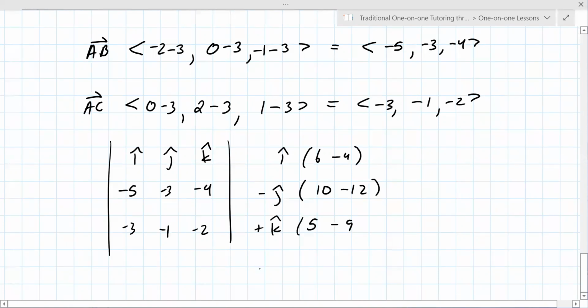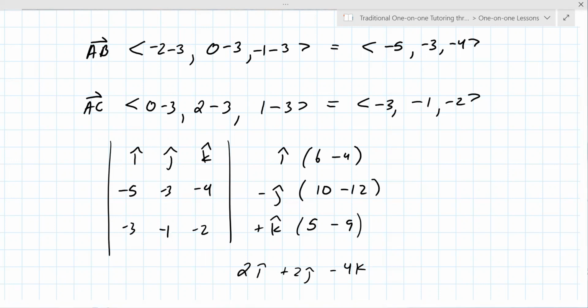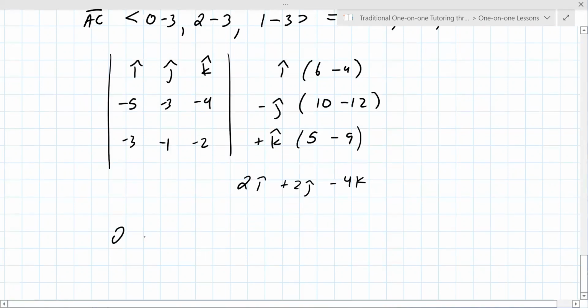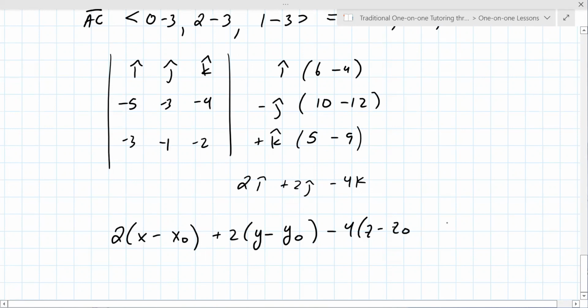So that gives us 2I plus 2J minus 4K. So that is your normal vector. And this is again where it's 2 times X minus X naught plus 2 times Y minus Y naught minus 4 times Z minus Z naught.